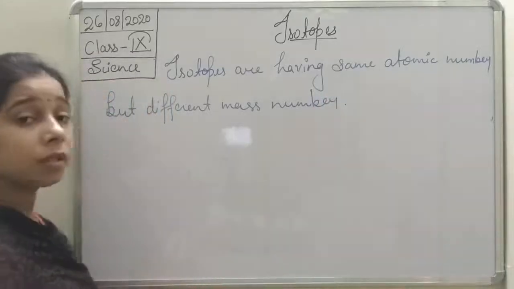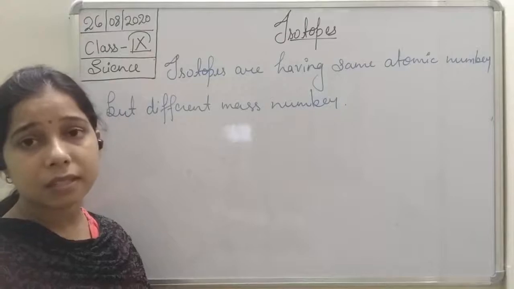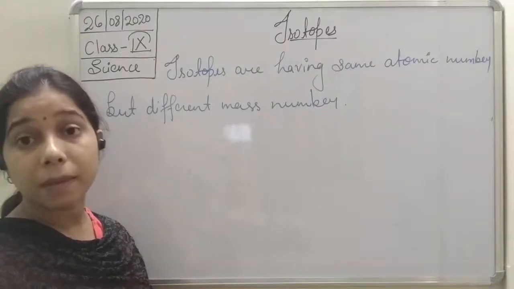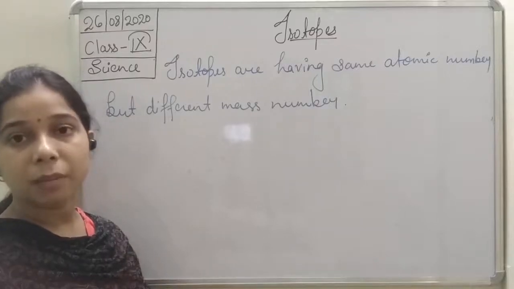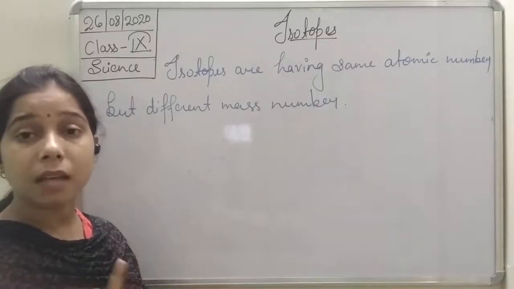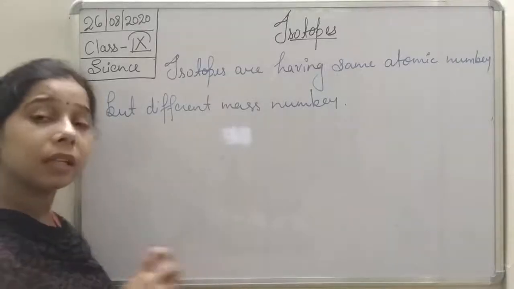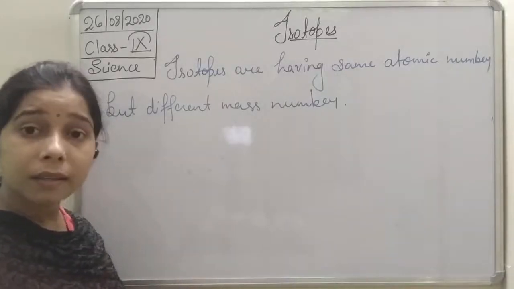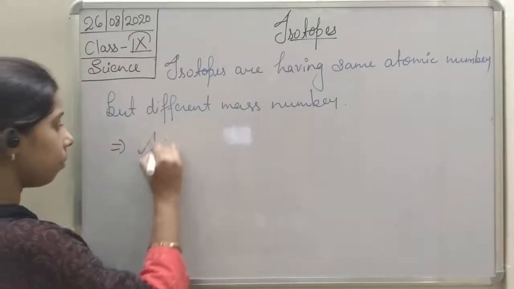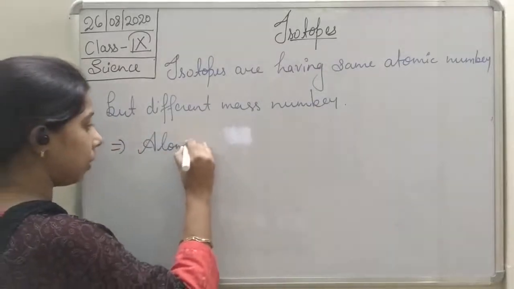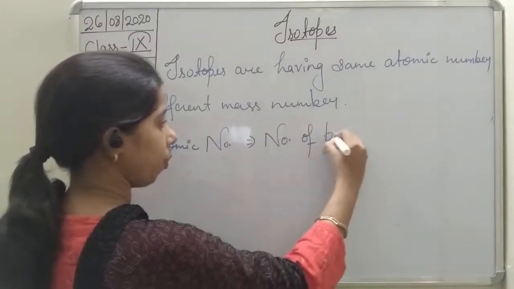So you see, students, if two elements have the same atomic number, it means we are talking about the same element. So it can have the same atomic number but its mass number varies. Okay, so if its atomic number is the same, what does that indicate? We know what atomic number is: atomic number is the number of protons.